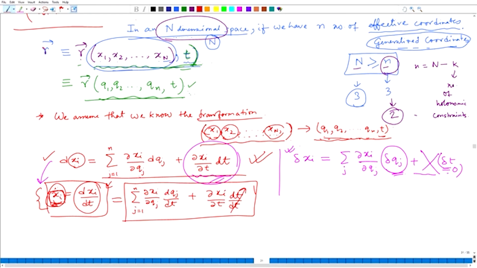From this one I can actually try to write the most general expression, because now you see that for the Cartesian system I have this component wise equality with this.